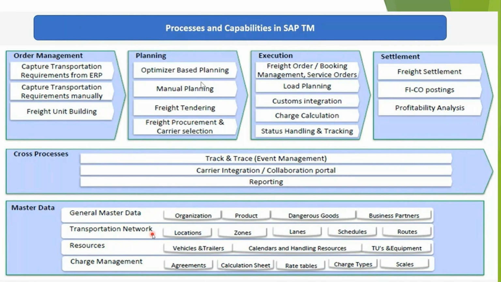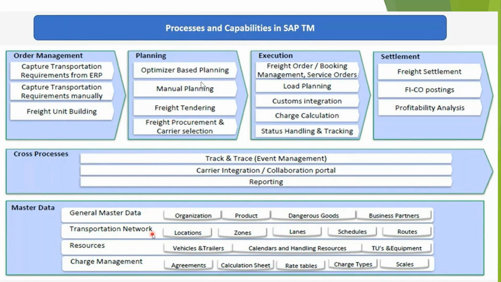Then you create a lane between the two and mention that between these two zones you operate your rail transport, or only operate full truckload, you don't operate less than truckload.